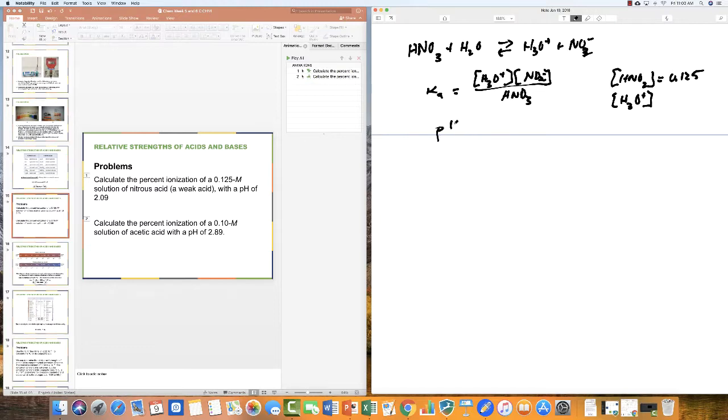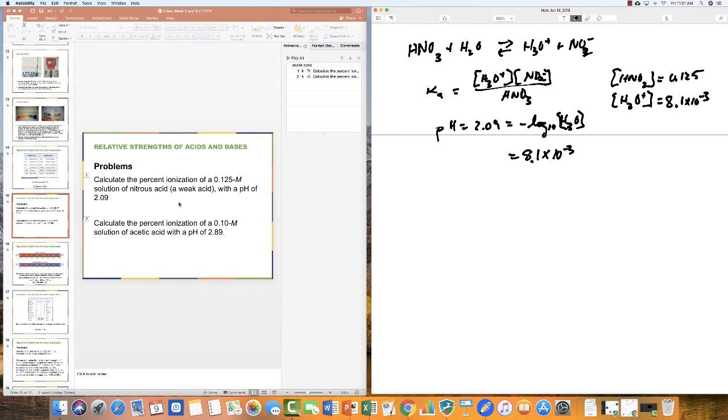So if the pH is 2.09, which is going to equal minus log to the base 10 of the hydronium ion concentration, if we solve for that, the hydrogen ion concentration comes out to be 8.1 times 10 to the minus 3. So we know that.